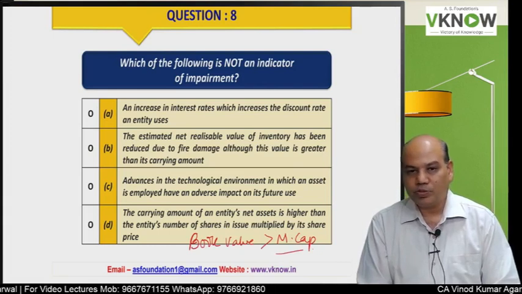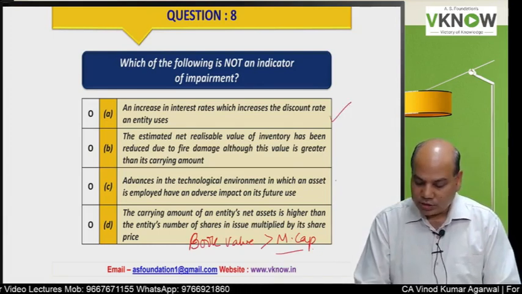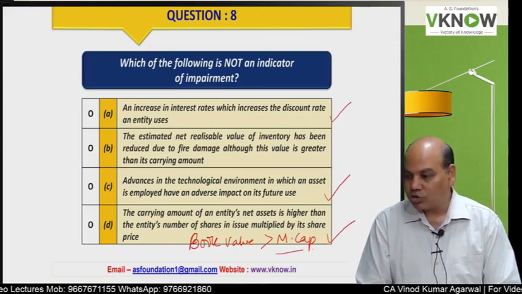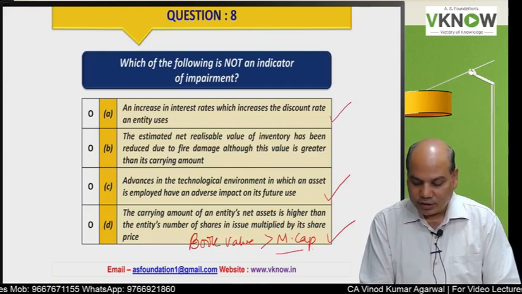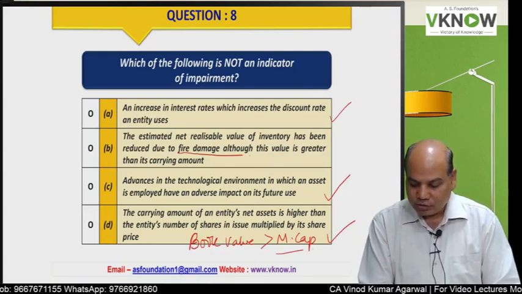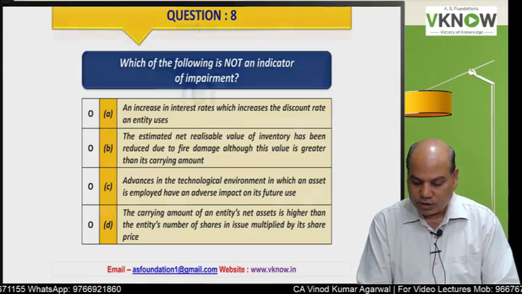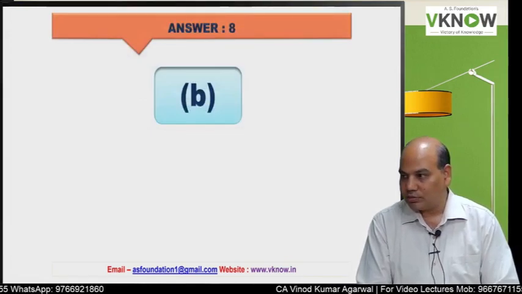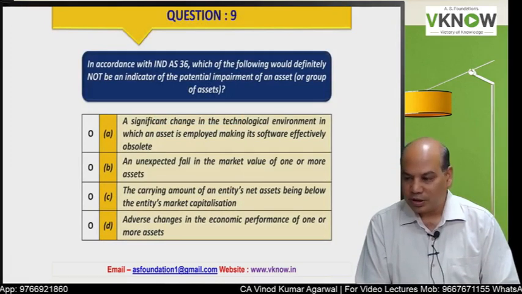The last point means book value is greater than market capitalization. So this is an indication of impairment. The last two are indication of impairment. In case of inventory, it is not an indication of impairment because its value is higher than the carrying amount. Not an indicator of impairment. One more question, number 9.